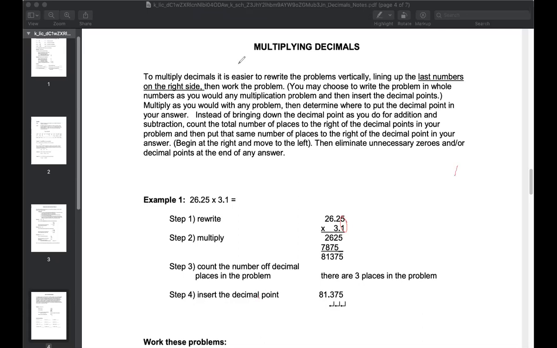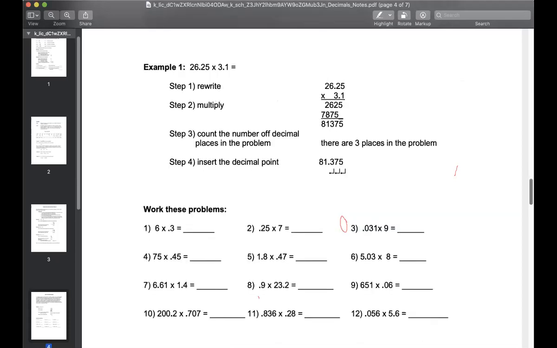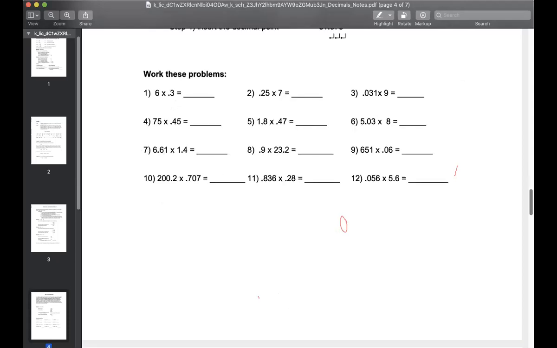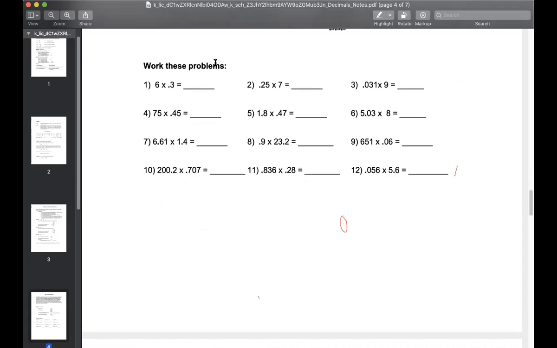All right, so I think we have a couple of examples to do. Let's work on these problems here. We're going to do the first few together, and I'm going to assign a couple to each of you, since there are a few of you in the room.